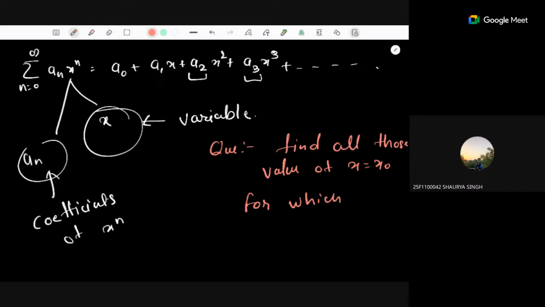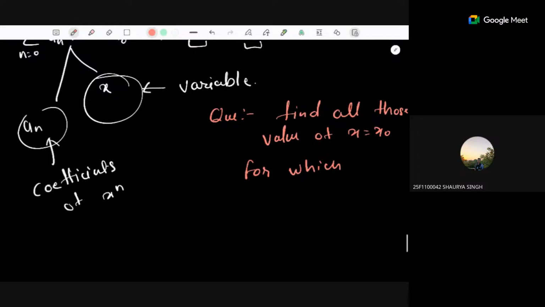Yes, they will converge, because ultimately we are getting sin and cos back. Since the sin series and cos series are converging, their sum also converges. So you can use that fact.